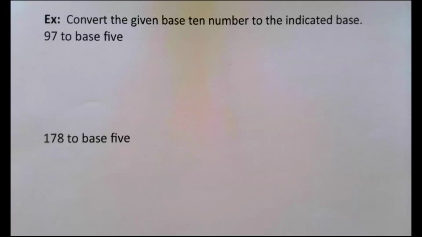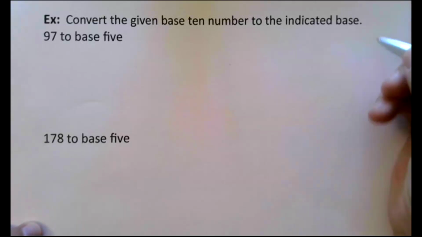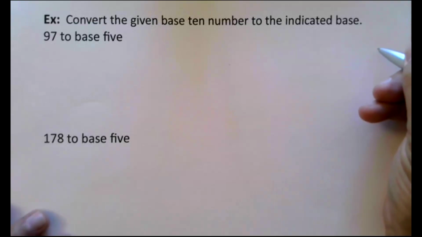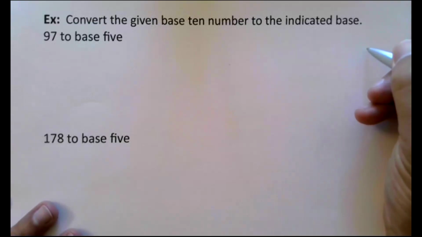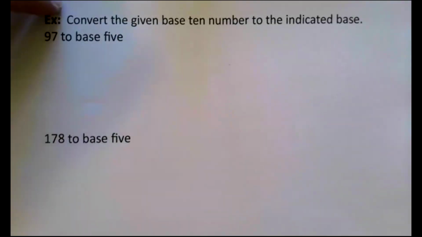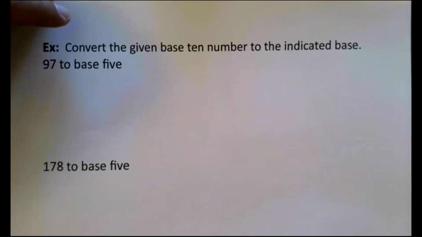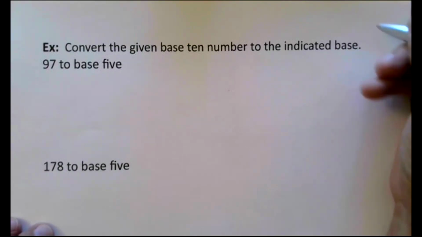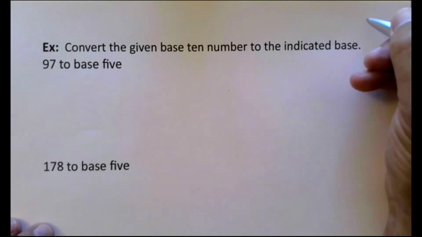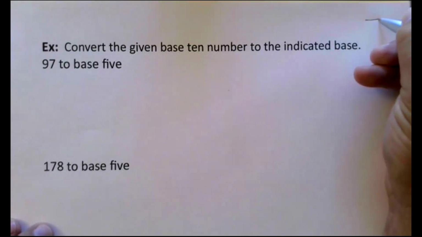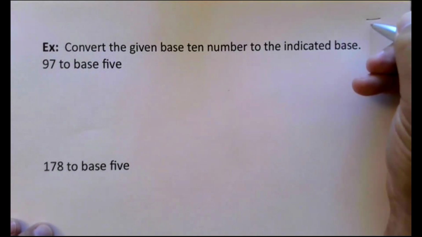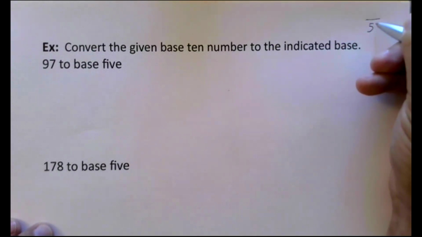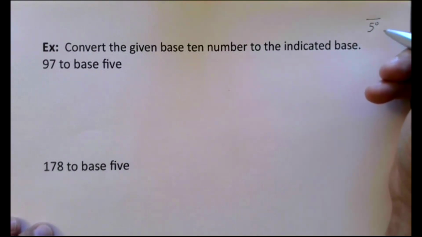The way I would approach these problems, I would start with looking at what base 5 numbers look like, what the place values represent. The one on the far right represents the 5 to the zero position.